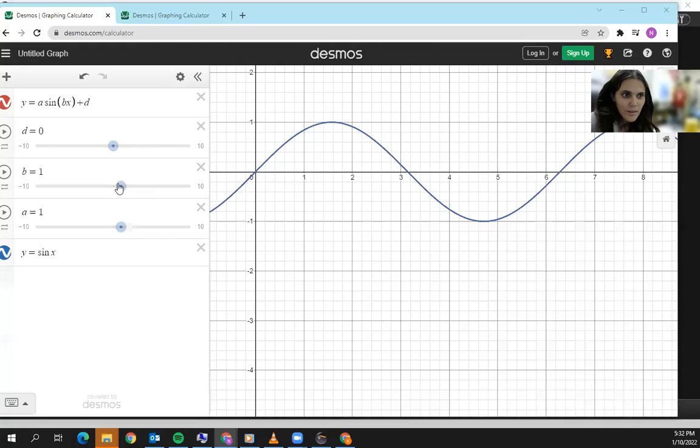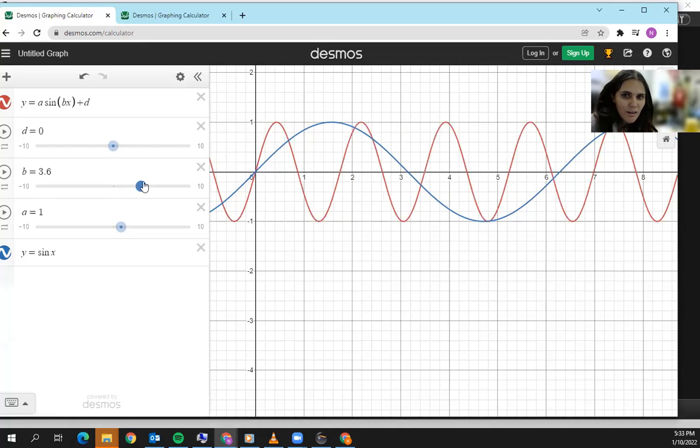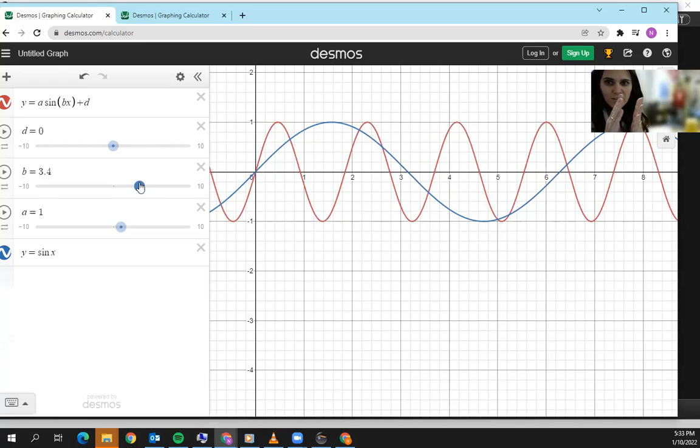All right, I fixed it. So again, my blue graph is going to remain my parent graph, y equals sine x. And let me see what happens as I move B to the red graph. As B gets bigger, it looks like we're horizontally compressing this time, like taking an accordion and compressing it.